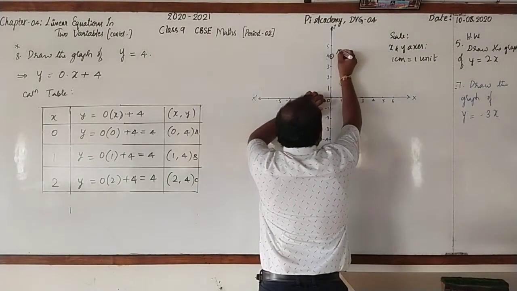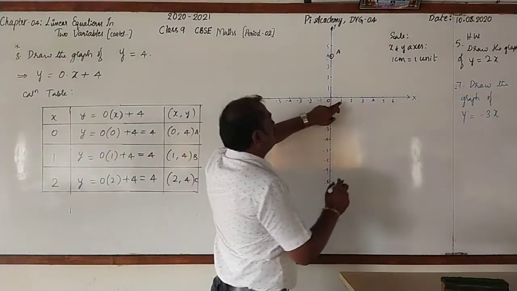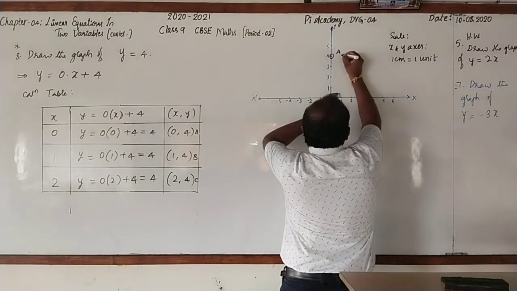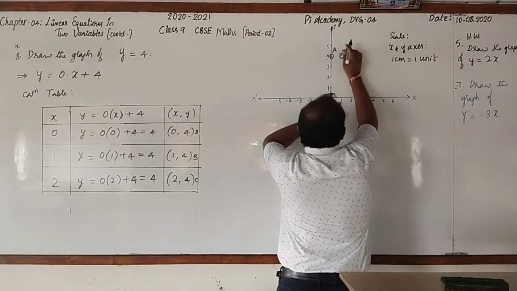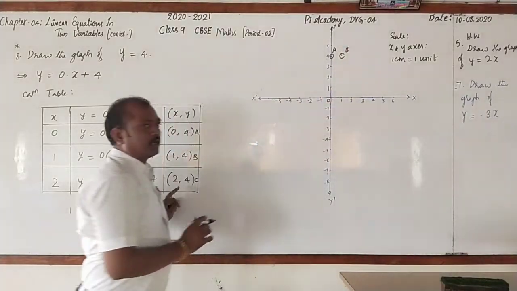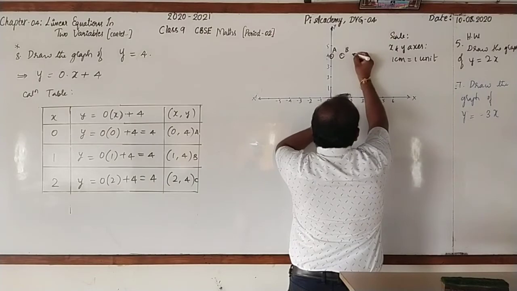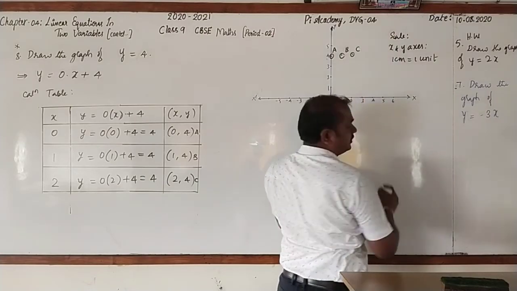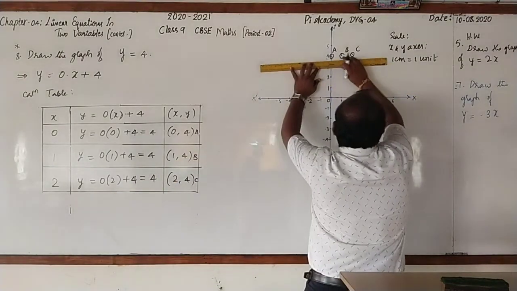This is A. Next, B. 1, comma 4. When x is 1, y is 4. Clear? This is A and this is B. Next, 2, comma 4. When x is 2, y is 4. That comes here. C. Now let us go for joining these points.